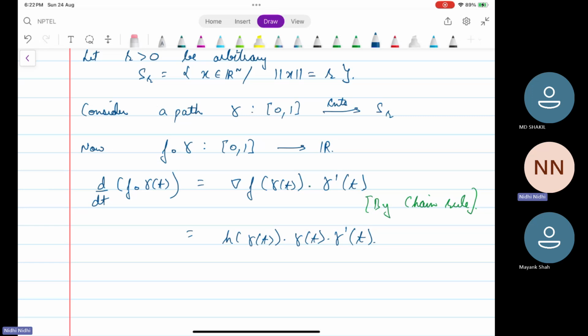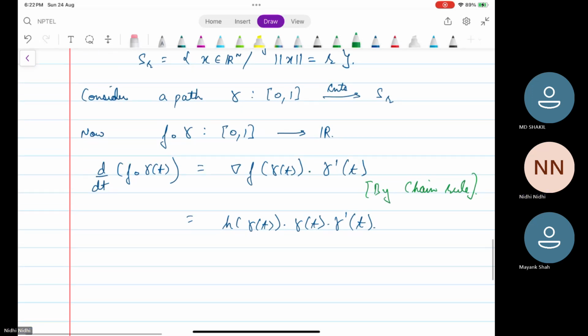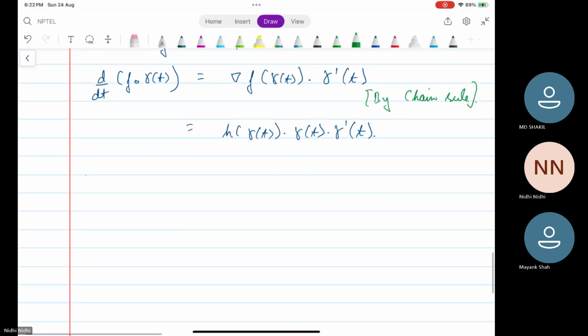Now gamma t is a continuous function. So we claim that gamma t dot gamma dash t is 0 for every t in the closed interval 0 to 1.